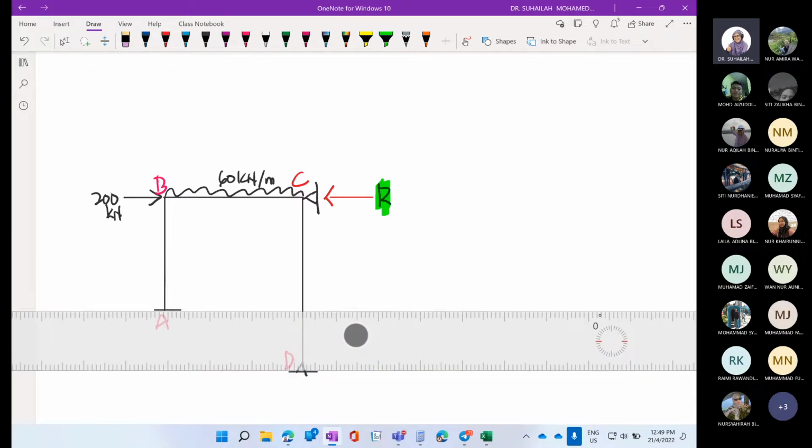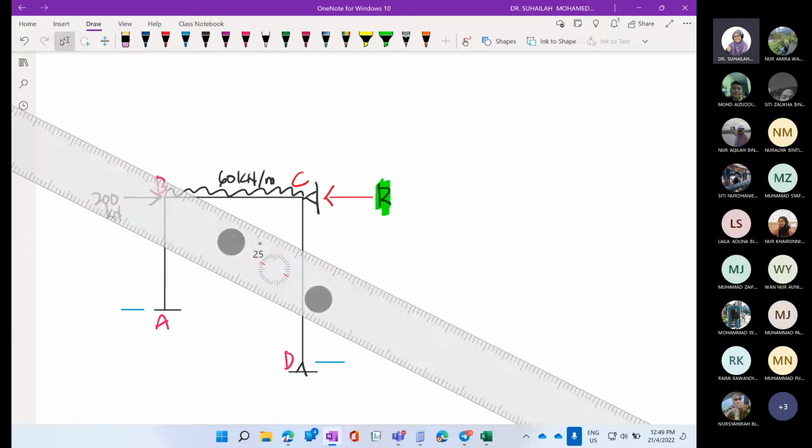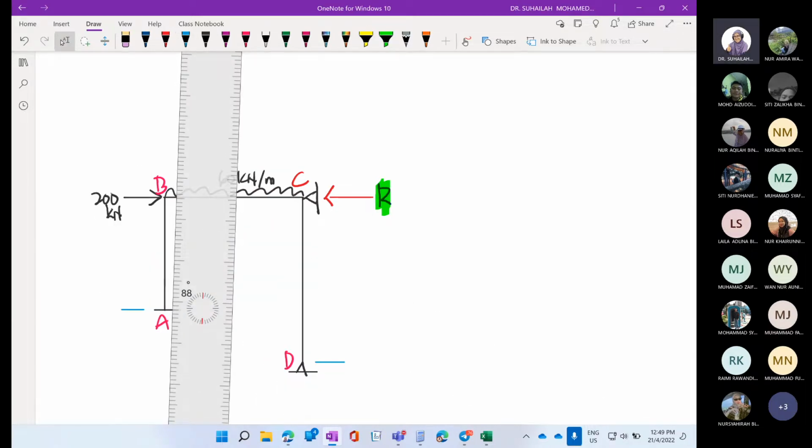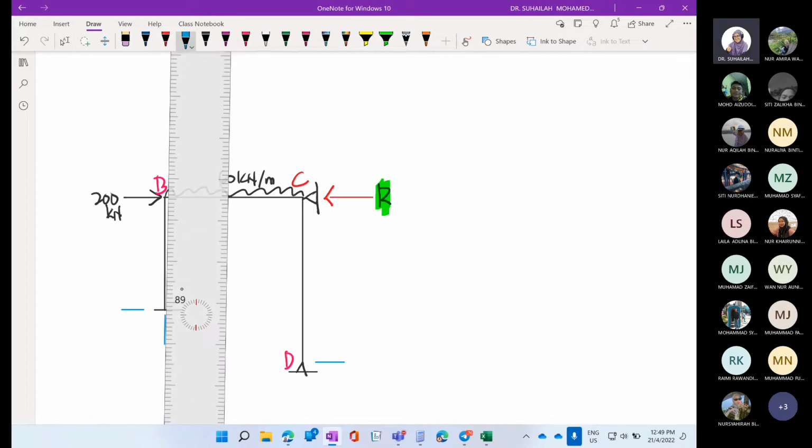This is fixed, so at A there are three unknown reactions, and we have to draw all of them. So we have AX, here we have DX, and then AY and DY.